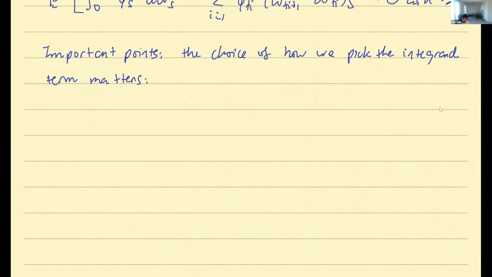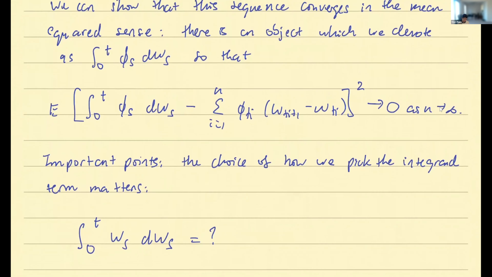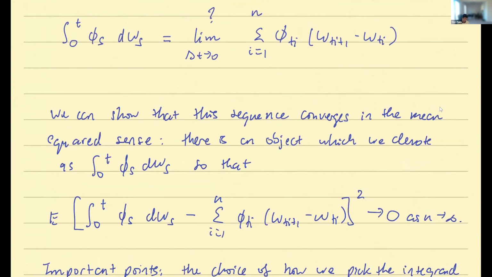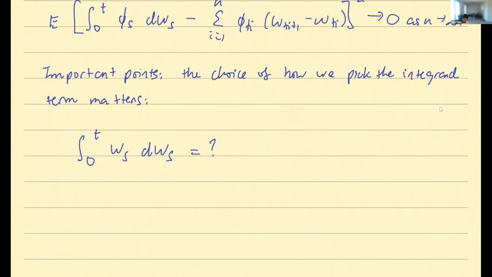Okay, so the example I want to use is this integral. Now, going through this discussion, all we understand is that this object makes sense. We can form this sum and it will converge to an object. Take this interval, T1, T2, up to Tn minus 1, Tn.